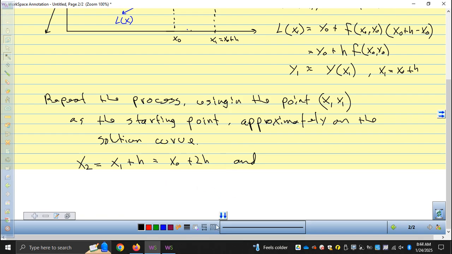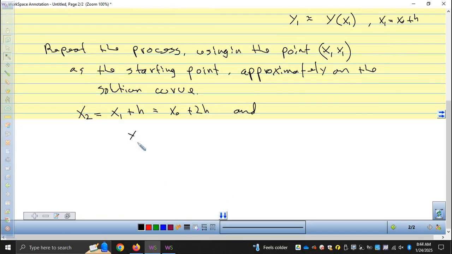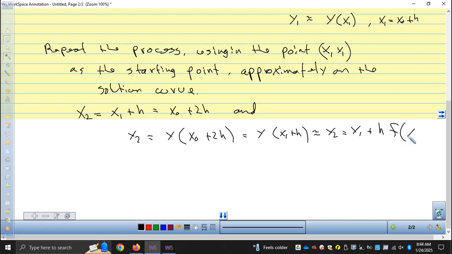And y2 equals y of x0 plus 2h equals y of x1 plus h, which is approximately y2 equals y1 plus h times f of x1, y1.